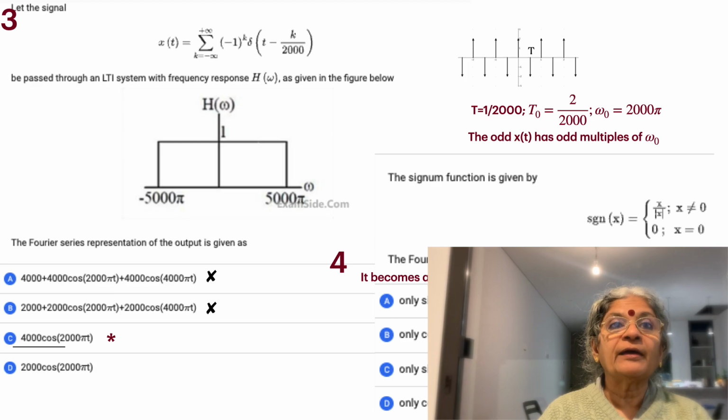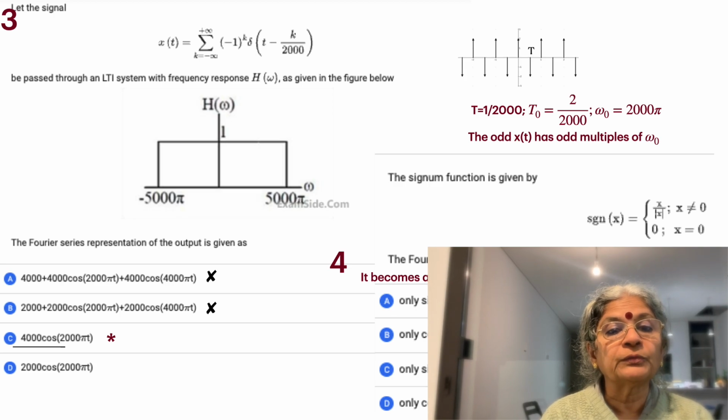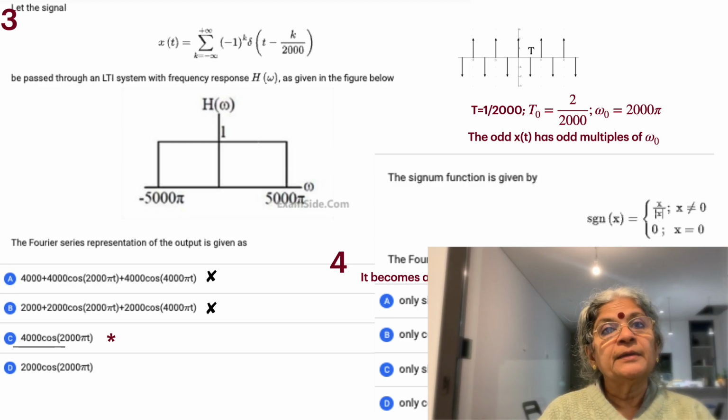And then we also have it being spaced equally with the spacing given by capital T equal to k by 2000, where k goes from -infinity to +infinity. So it's no doubt a periodic signal, but the values alternate, and the spacing between two impulses is capital T equal to 1 by 2000.